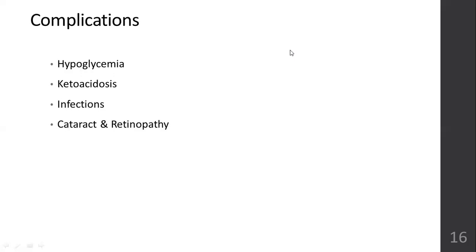So cataract and retinopathy, neuropathy, nephropathy: damage to retina, damage to neurons, damage to kidneys, slowly it will follow. Heart diseases are also very common, cardiovascular diseases. If somebody has diabetes, the risk of heart diseases and kidney diseases increases by threefold.